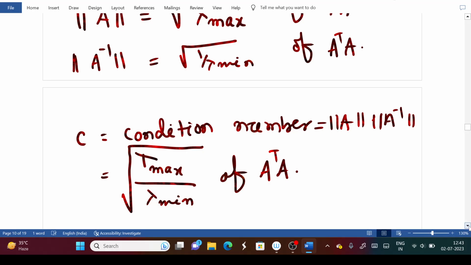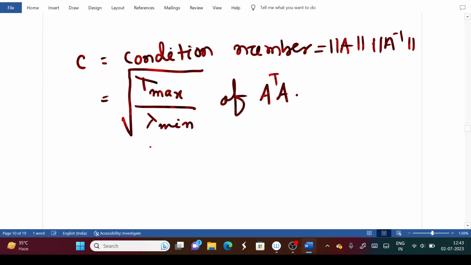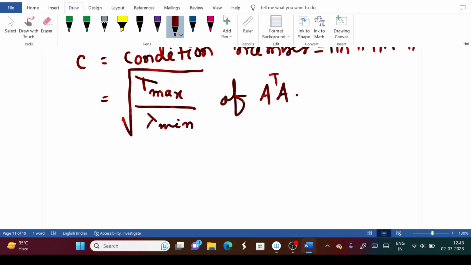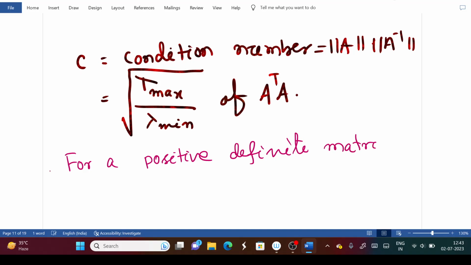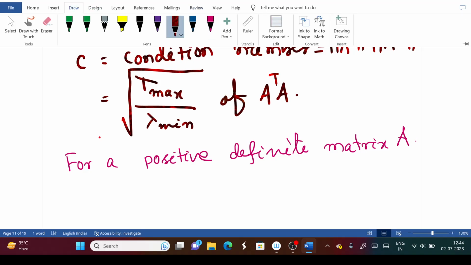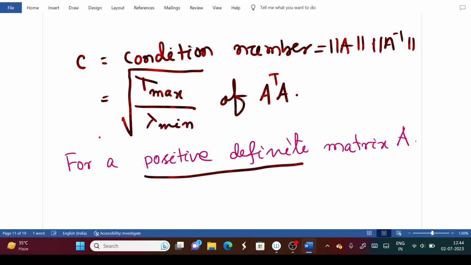But for a positive definite matrix A, what about the eigenvalues then? If it is positive definite, then only you can apply this formula.